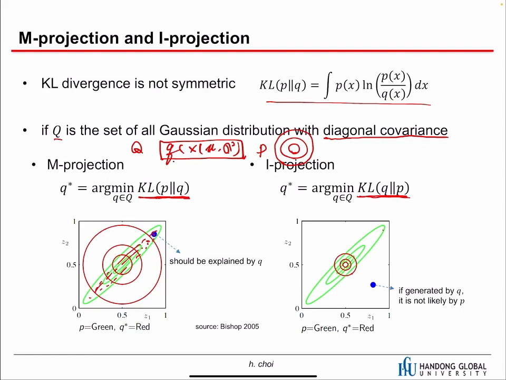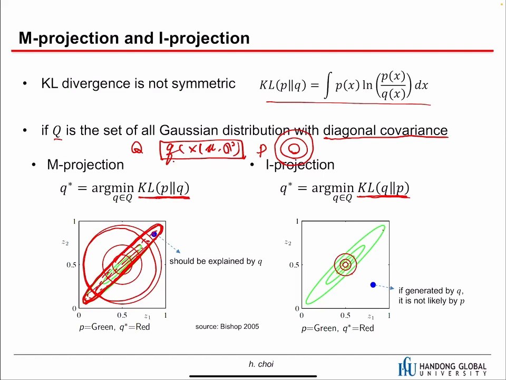Even though Q is covering these areas, when we calculate the divergence between P and Q, we are focusing on these areas. Right? So if we focus on this area with the Q distribution, on this area they still look similar.